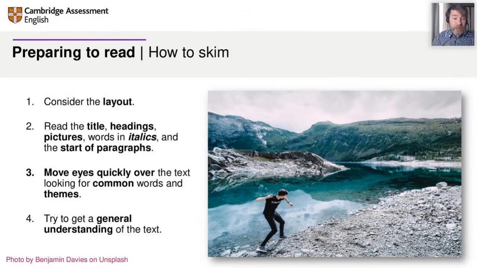Maybe read the title, headings, pictures, words in italics, the start of paragraphs. Places where you are likely to find lots of information about the overall text. You are likely to move your eyes quickly over the text, and you're hoping to get a general understanding of it.